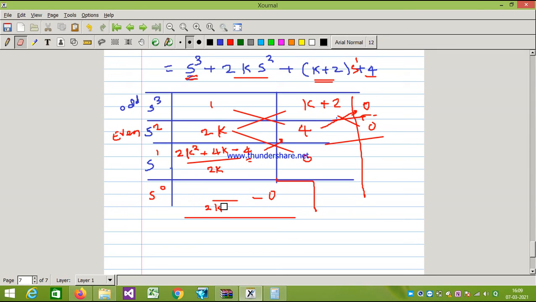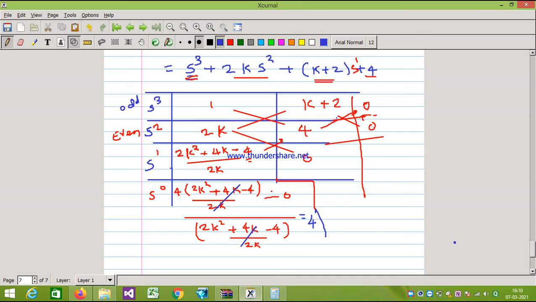So when we multiply 4 in the bracket, 2k square plus 4k minus 4 divided by 2k minus 0, whole divided by this term, that is 2k square plus 4k minus 4 divided by 2k. This is the bracket. Now just observe this bracket and this bracket, both are the same. So what is the remaining here? 4 only. So the answer becomes 4.